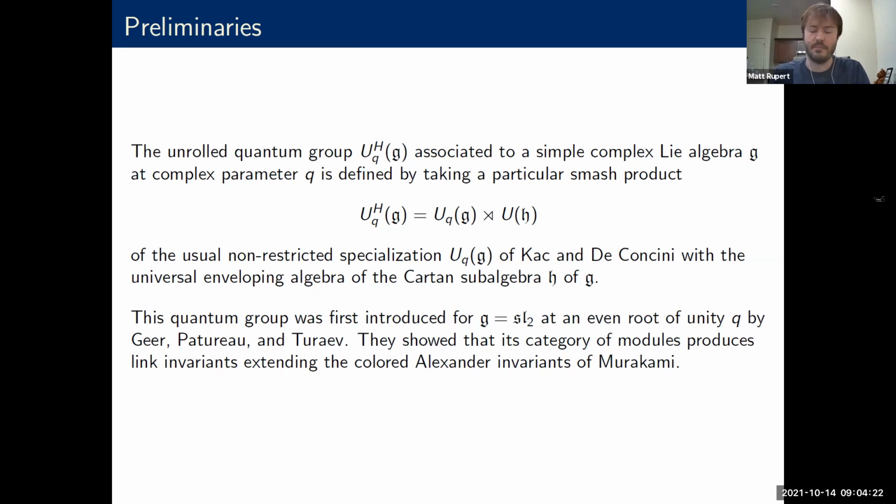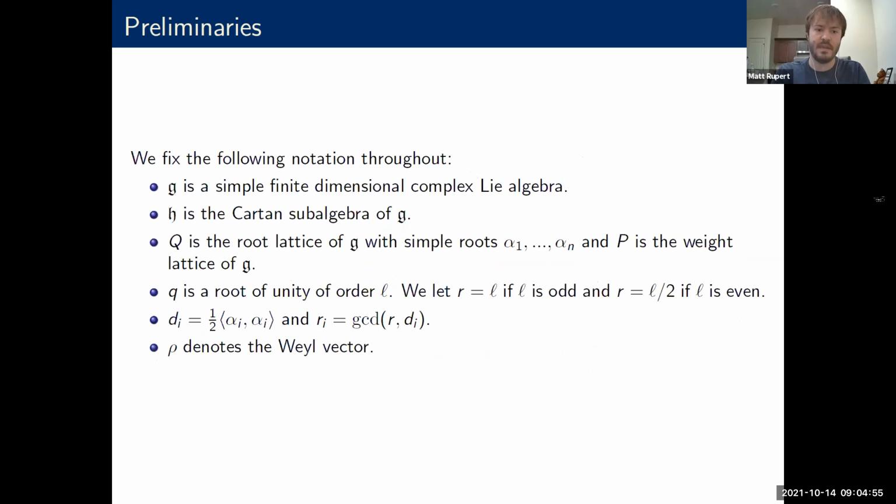This quantum group was first introduced by Nathan Geer, Bertrand Patureau-Mirand, and Vladimir Turaev for the SL2 case at even root of unity, and they were interested in topological applications. They showed that the category of modules for this quantum group produces link invariants extending the colored Alexander invariants of Murakami. I'll touch on soon how these applications to quantum topology are a lot stronger than they first appear.